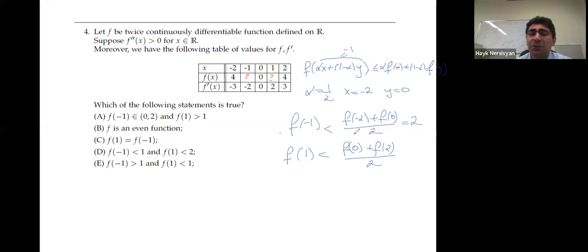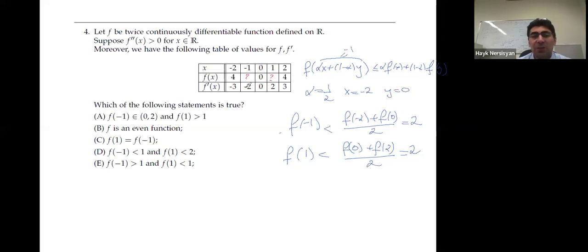Here we are not yet using the third row. So what is f(1)? It is 2. So f(-1) should be less than 2, and f(1) also should be less than 2.